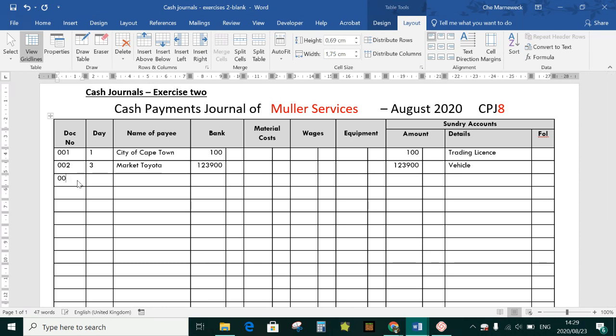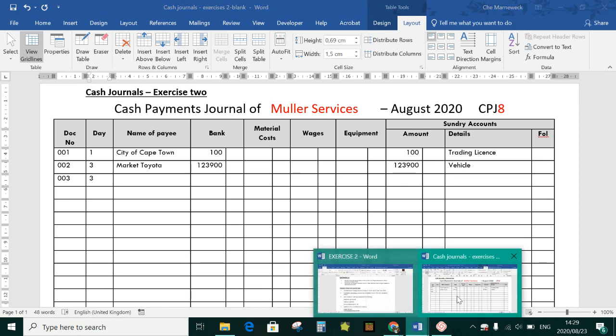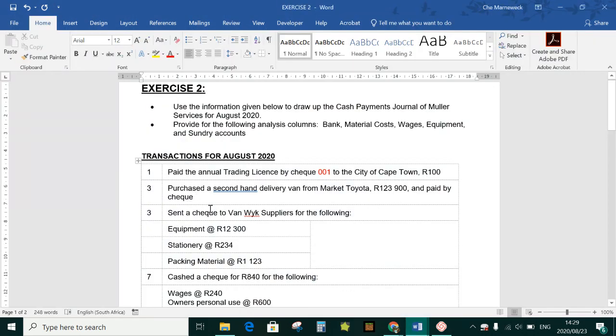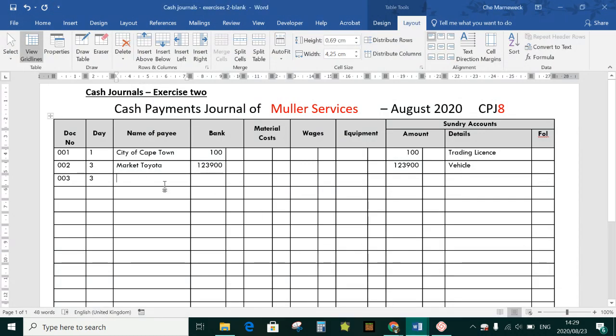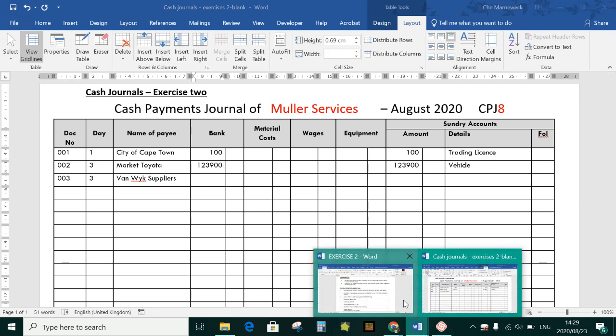Our next check number would be 003. The next transaction is also on day 3, and we are purchasing from Van Wyk suppliers, and we're buying a couple of different things. So let's just enter Van Wyk suppliers. Now I need to work out the total value that we paid for those items.